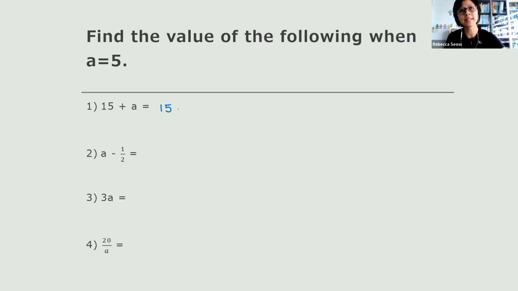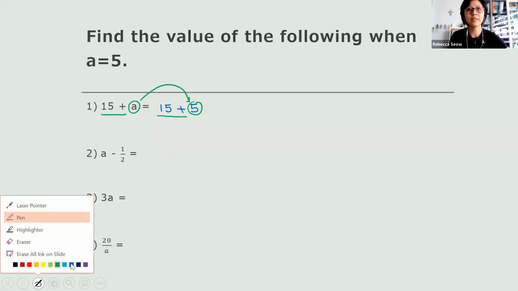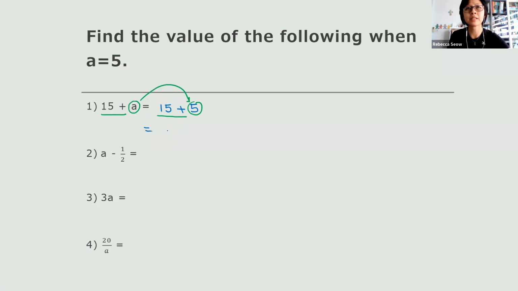So 15 plus A is 15 plus 5. Okay. Note that my A now has been replaced by the number 5. Everything else that is not A, I just copy it down. So what is 15 plus 5? And if you were to hit the calculator, 15 plus 5 will give you 20.